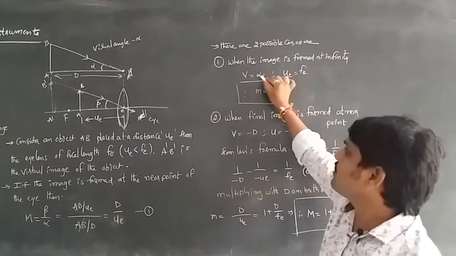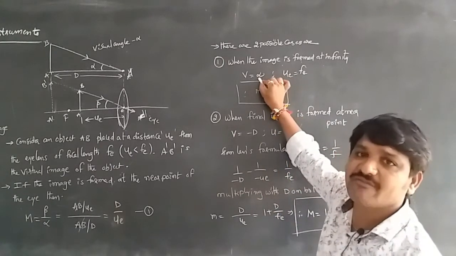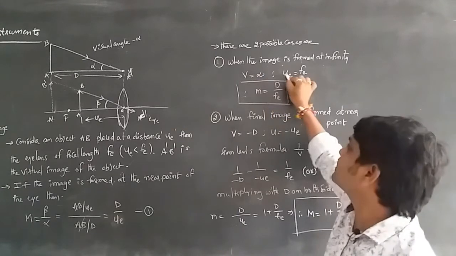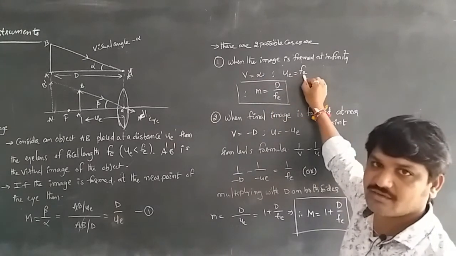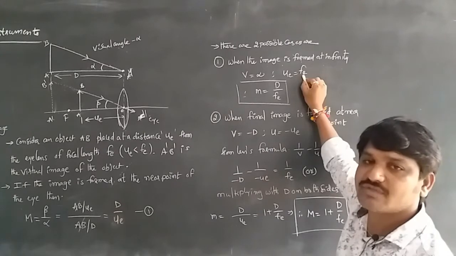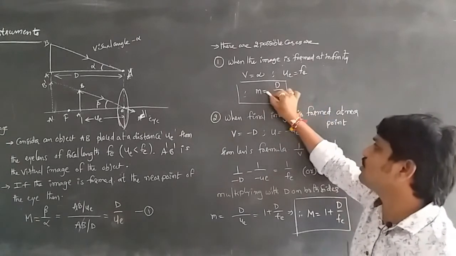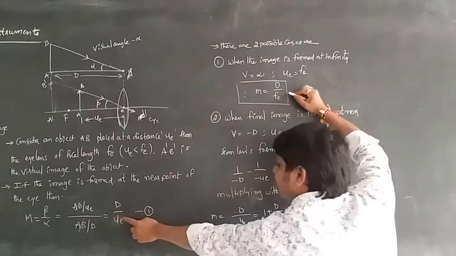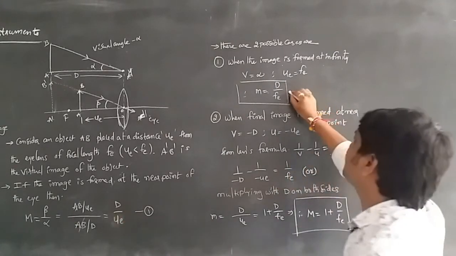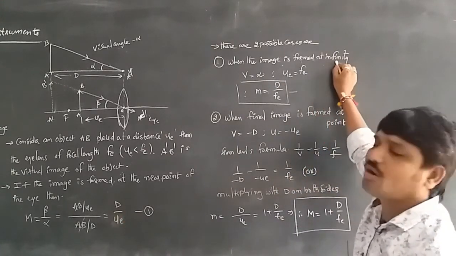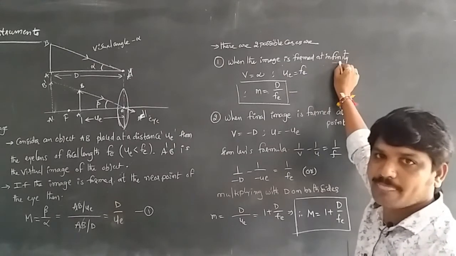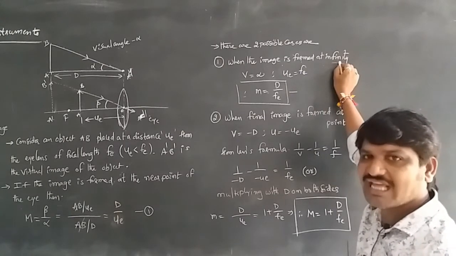When the image is formed at infinity, the object is placed at the focus, so UE is equal to FE. So M is equal to D by U, that is D by FE, when the image is formed at infinity.